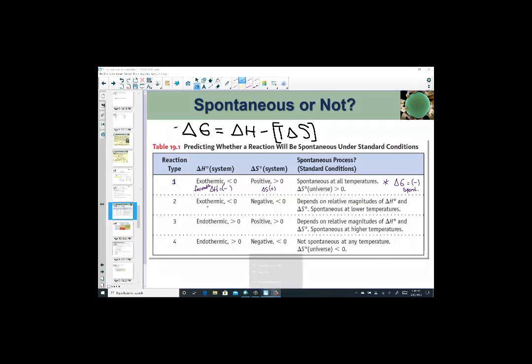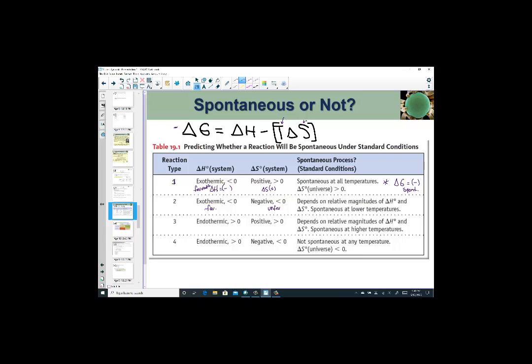What if we have an exothermic process, which we said was a favorable reaction, but the system is actually becoming more organized so that the entropy is unfavorable? It's a negative value. Now it's going to depend upon the temperature, isn't it? Because the temperature directly affects that entropy value.